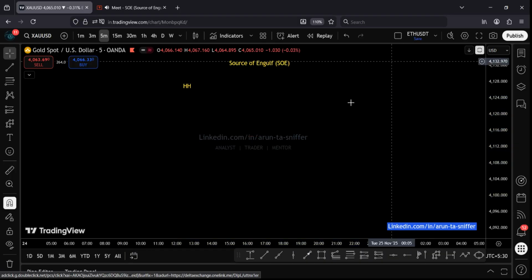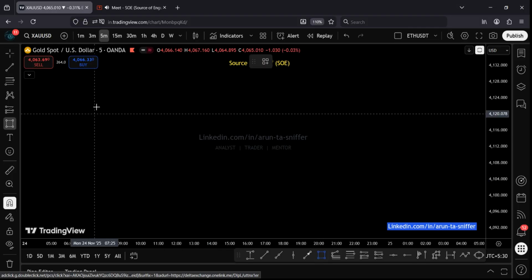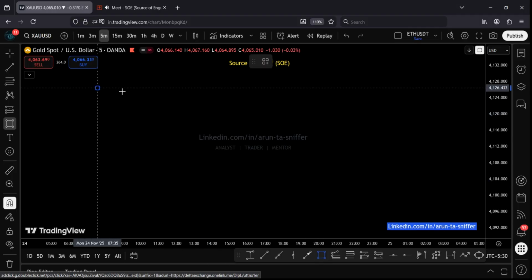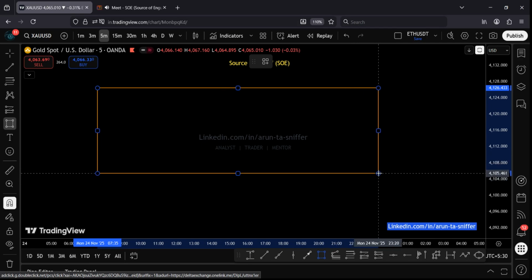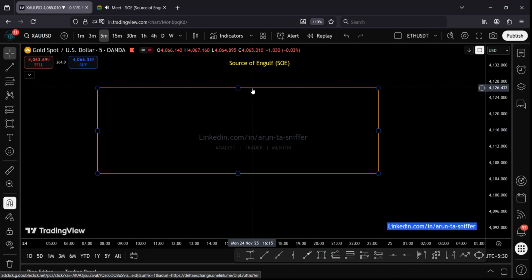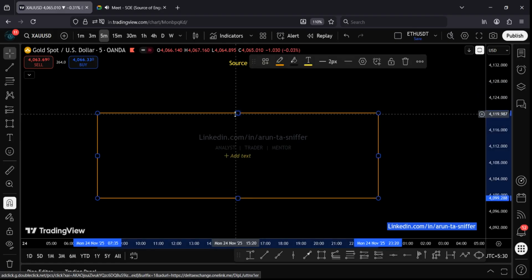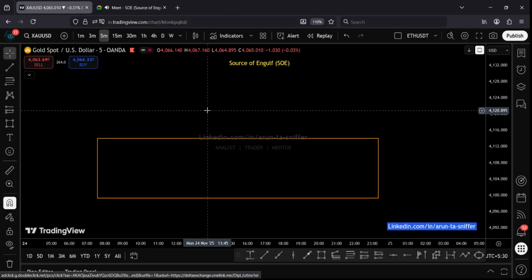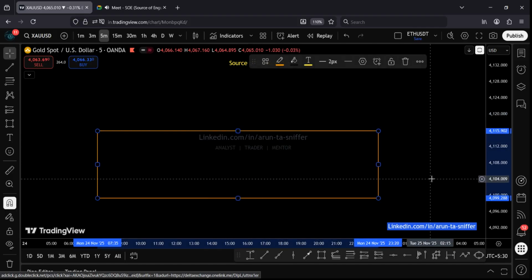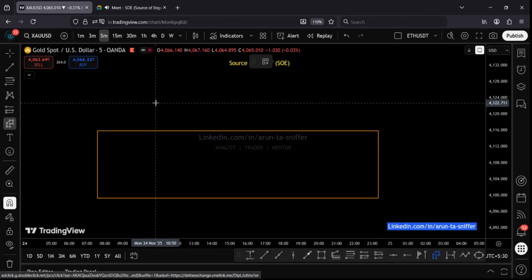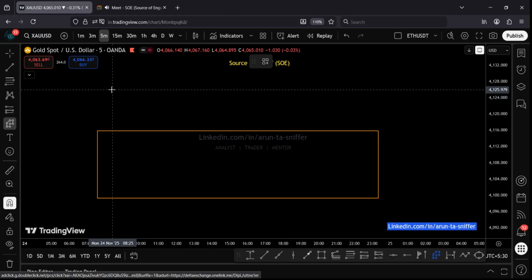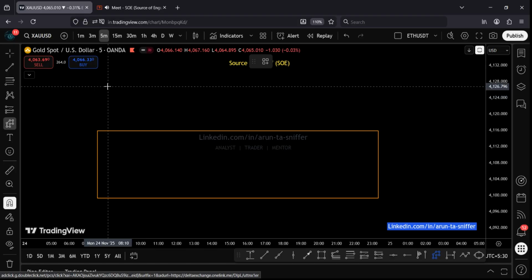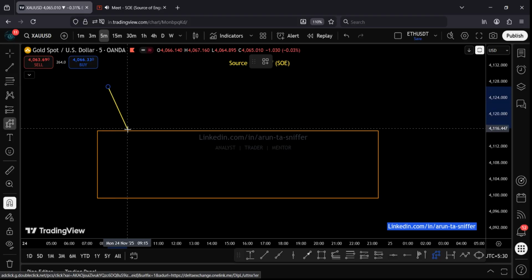Okay, let's delete this and we are going to draw only that DP zone. So in this DP zone, think like we have this DP zone, like this. Think like the price is coming down like this. This TP area is zoomed in.